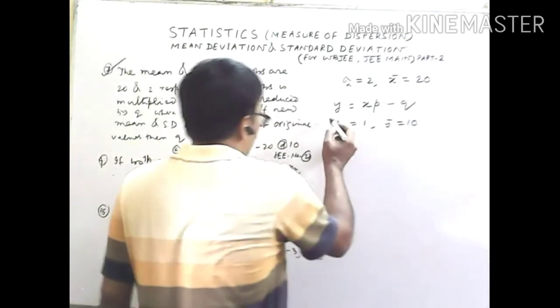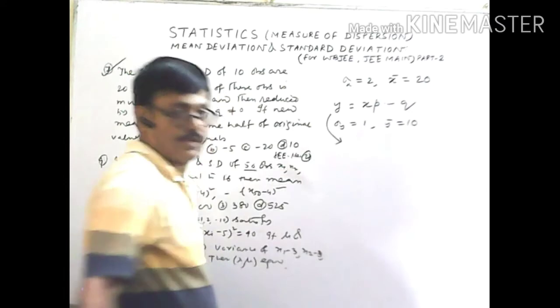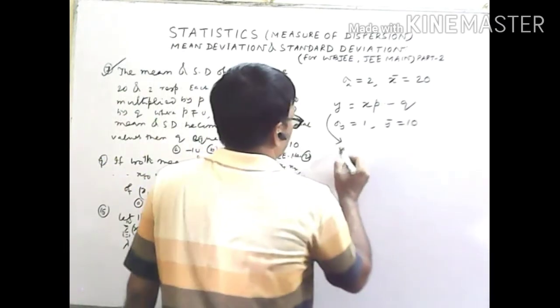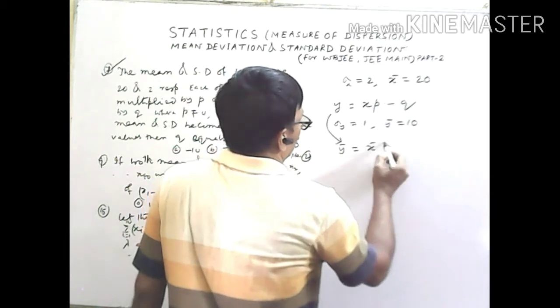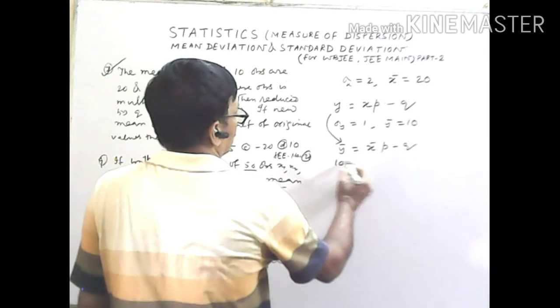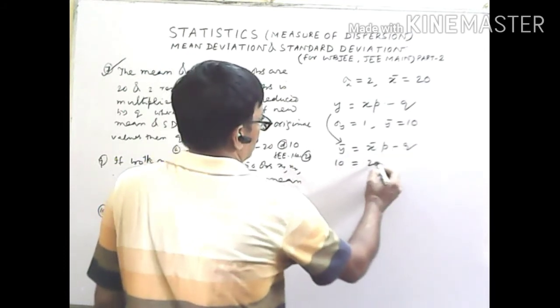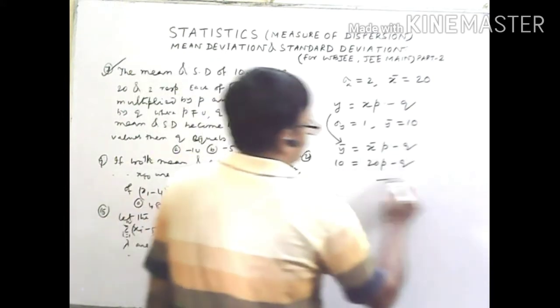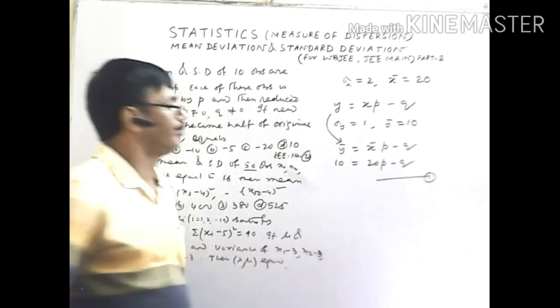So we have y equals this. What is y bar? y bar equals x bar into p minus q. So 10 equals 20p minus q. This is equation number 1.